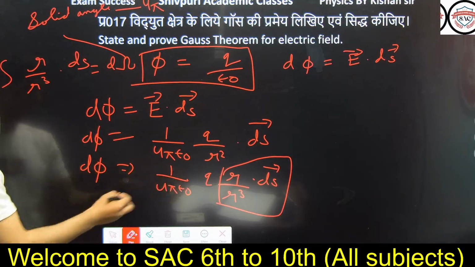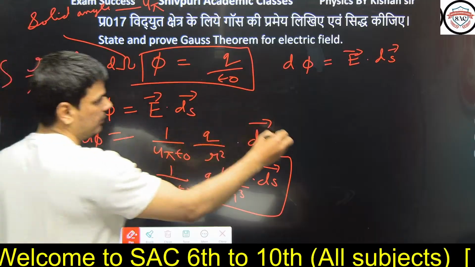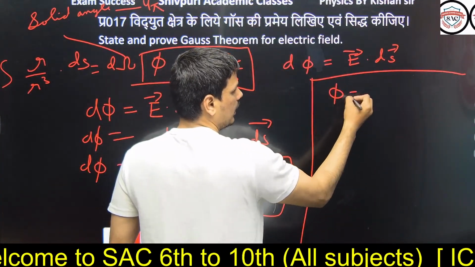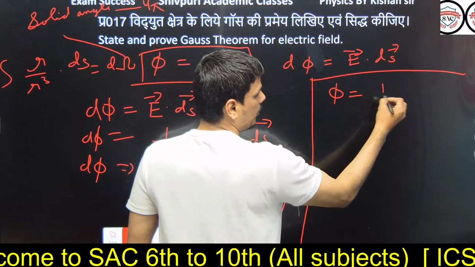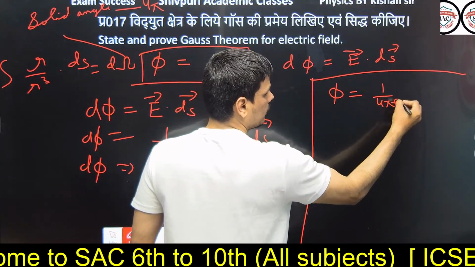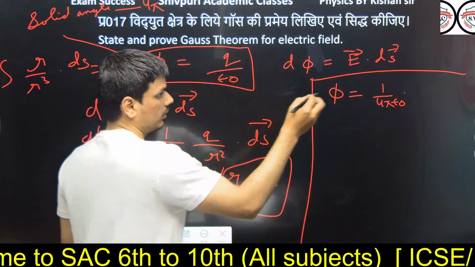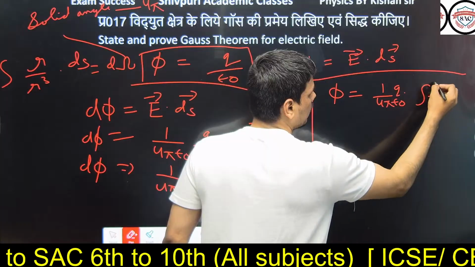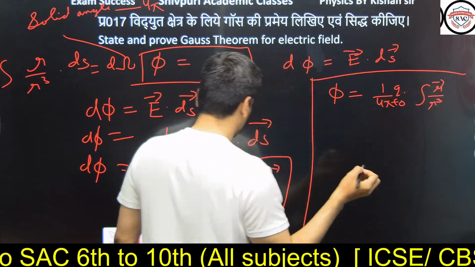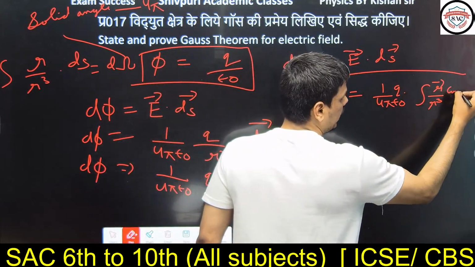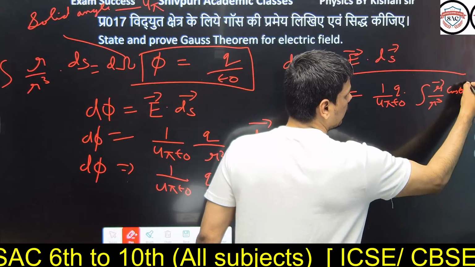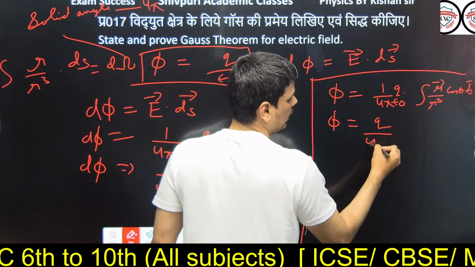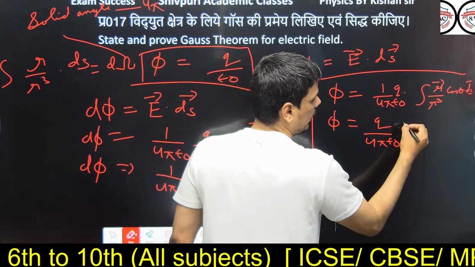So if we integrate it, we will get phi equals 1 upon 4 pi epsilon naught into q integration of r by r cube cos theta into dS. So this should be q by 4 pi epsilon naught into 4 pi.